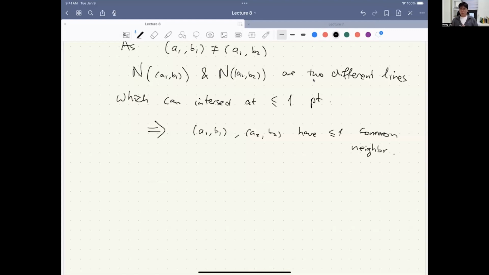So maybe let me mention an open problem involving C4 here, some variation of this extremal problem on C4.